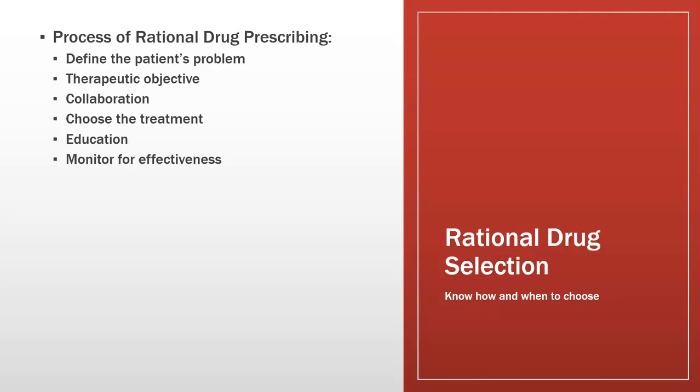So you may be collaborating with the cardiologist, you may be collaborating with the endocrinologist, you may be working in a different area and they may be collaborating with you. Choose the treatment, educate your patient, and then monitor for effectiveness. So you can't just prescribe the drug and then the patient's gone and we don't know what's happening after that. You're responsible for monitoring the effectiveness of the drug that's prescribed.